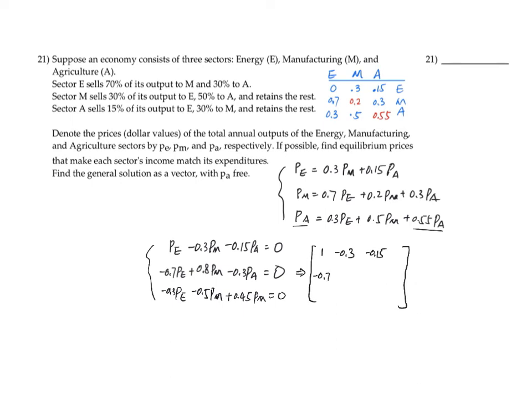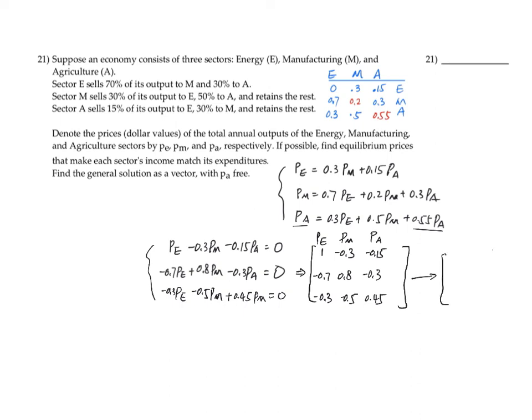The next one is negative 0.7, 0.8, negative 0.3, and negative 0.3, negative 0.5, 0.45. And keep in mind, the first column is for PE, the second is for PM, the last one is for PA.